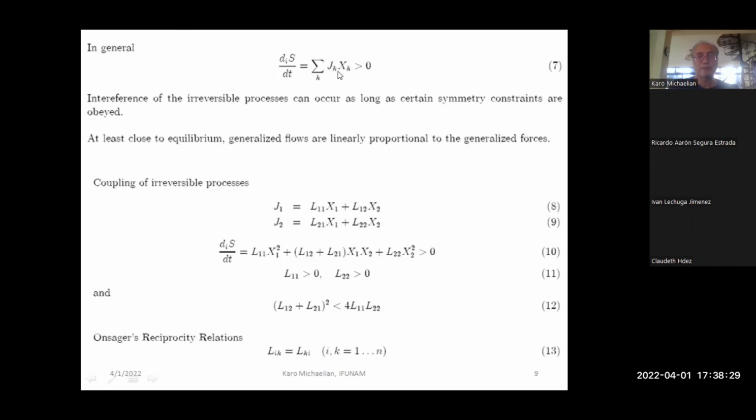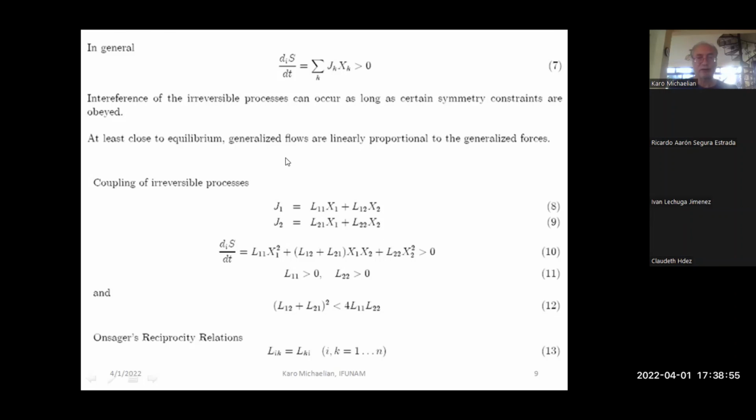And if we observe the symmetry constraints, then we can have a coupling of different irreversible processes. Now, at least when we're close to equilibrium, if we're not too far from equilibrium, then these generalized flows here, the J's, are linearly proportional to the generalized forces. At least that's an approximation that you can use when you're very close to equilibrium.